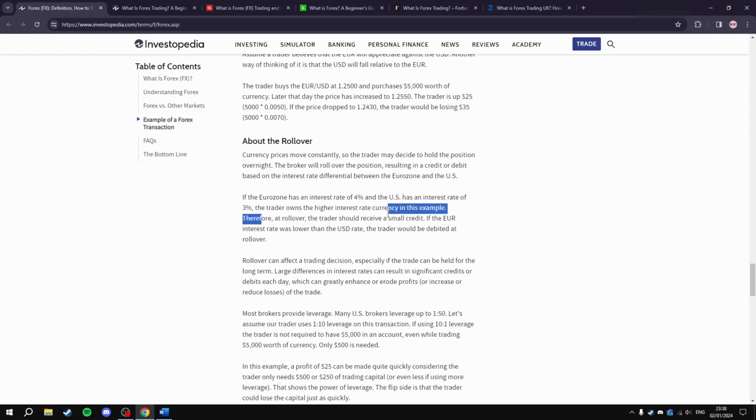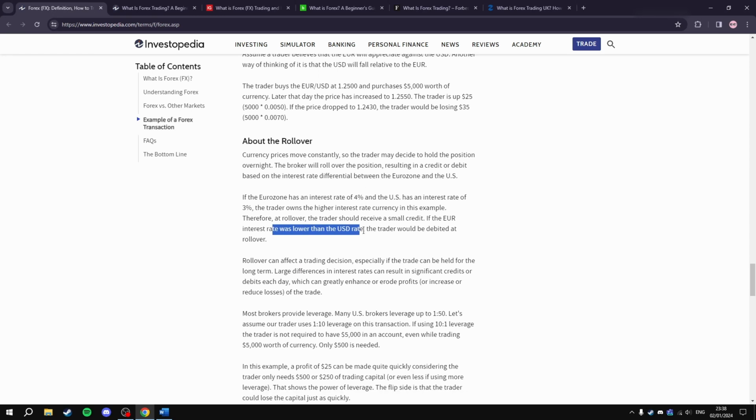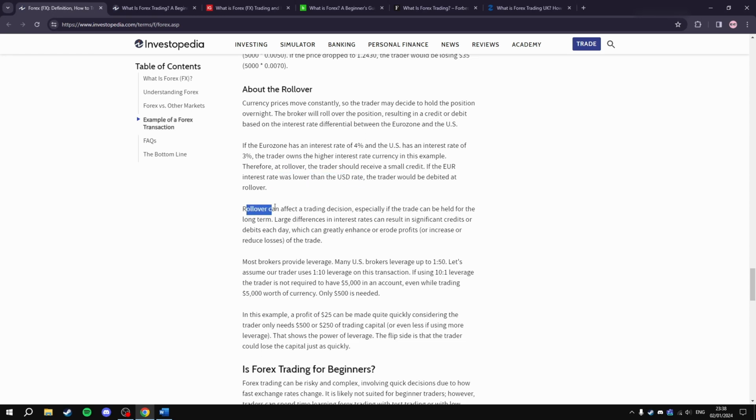The trader should receive a small credit if the EUR interest rate was lower than the USD rate, otherwise it is debited to the rollover. This can affect a trading session, especially if a trade is held long term, and can result in significant credits or debits, which can greatly enhance or reduce the profits of the trade.